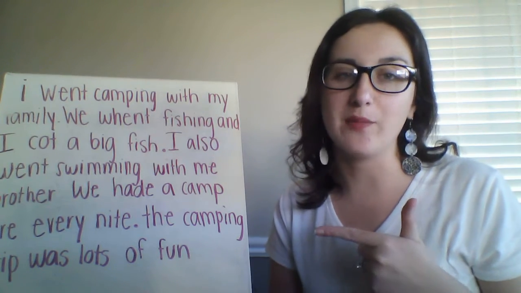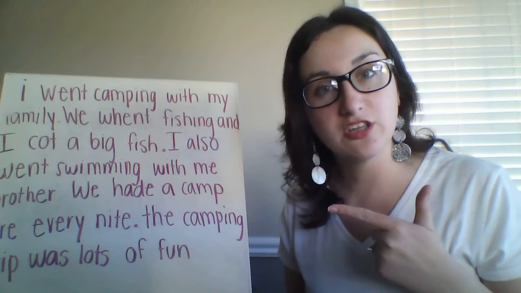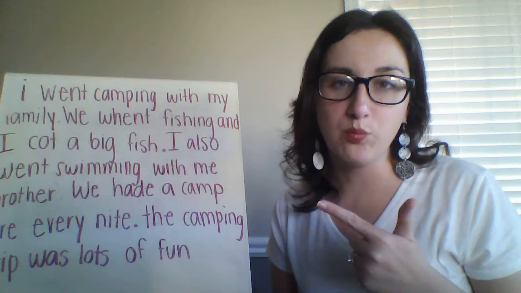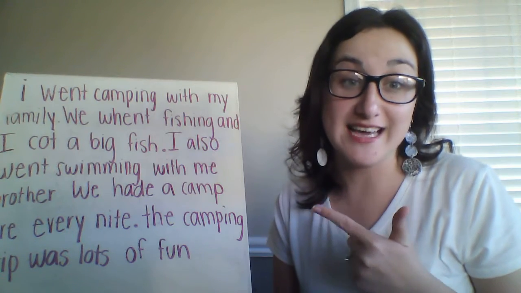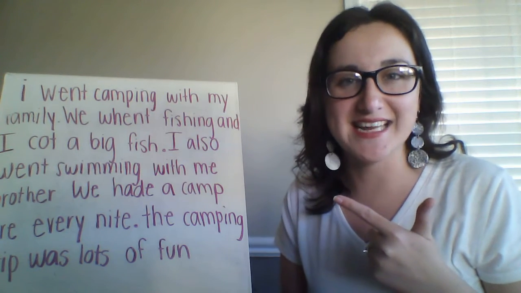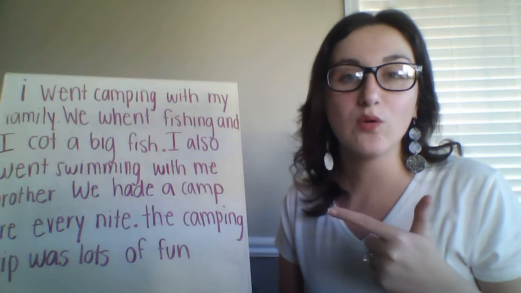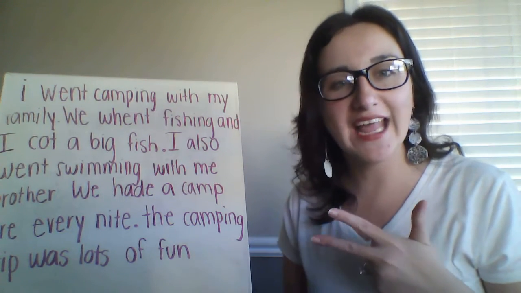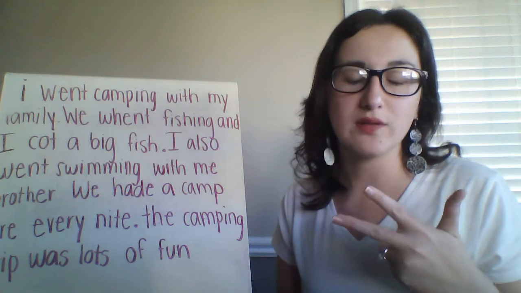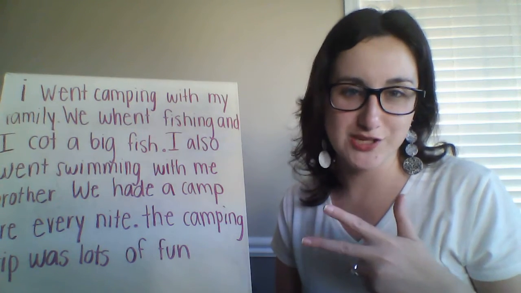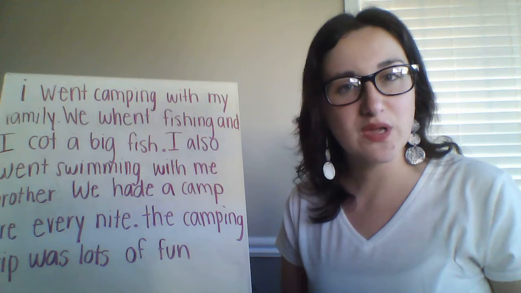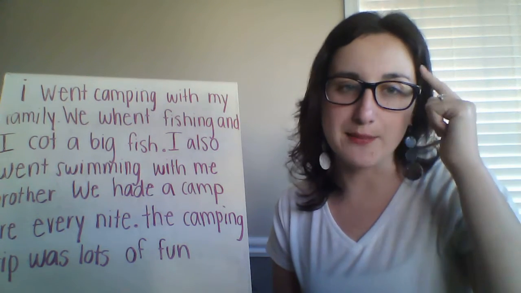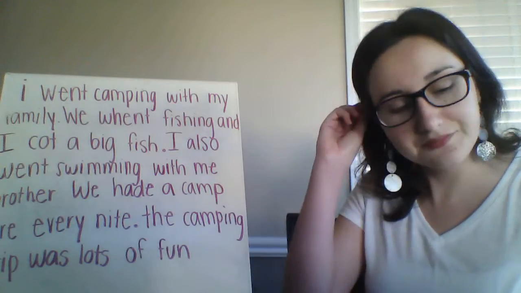So there should either be a period, a question mark if you're asking a question, or an exclamation point if you're very excited or saying an excited statement. And we also want to check for spelling. So any spelling errors, we would certainly want to do our best to correct those. So as we work through this paragraph, sentence by sentence, we'll keep those things in mind.